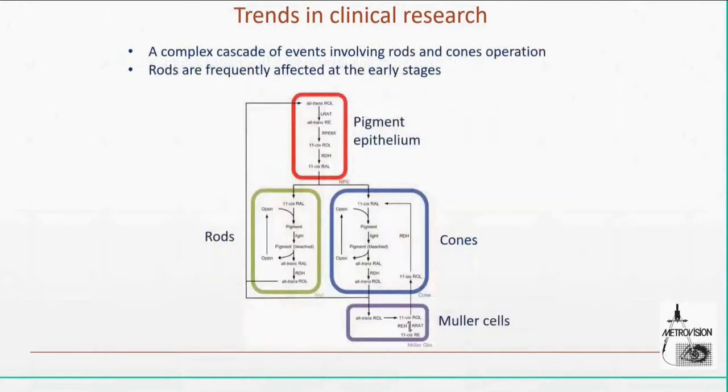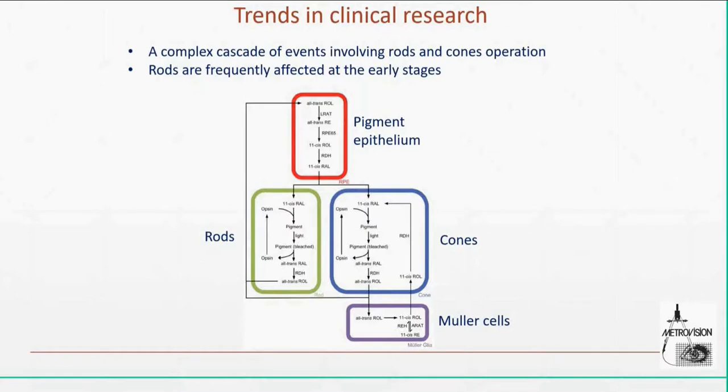And most of them, this cascade of events involves different events, and it's different for the rods and the cones. And what I think is important is that the rods are frequently affected at an early stage of many diseases. So it's important to be able to test the rod, which is unfortunately not possible with classic equipment we do have, actually.